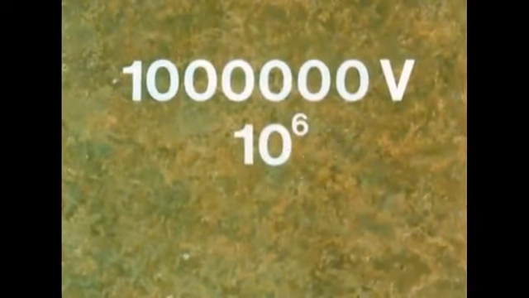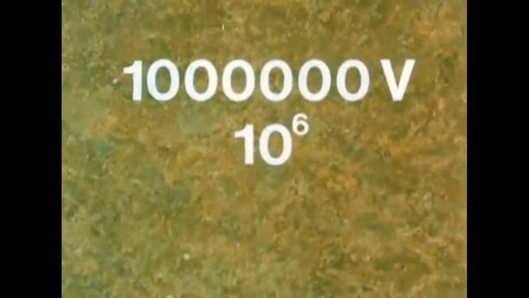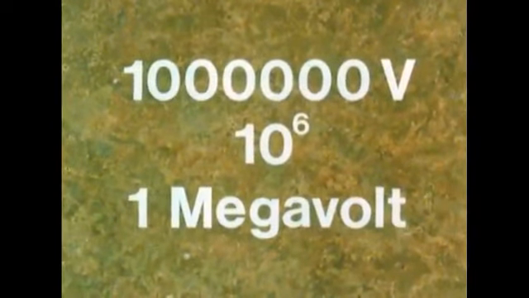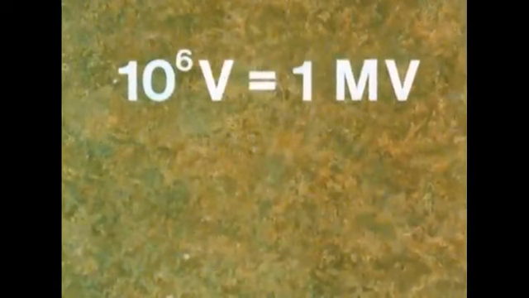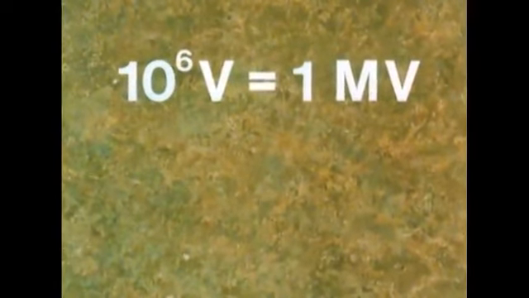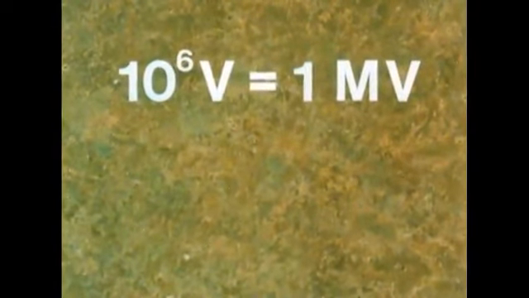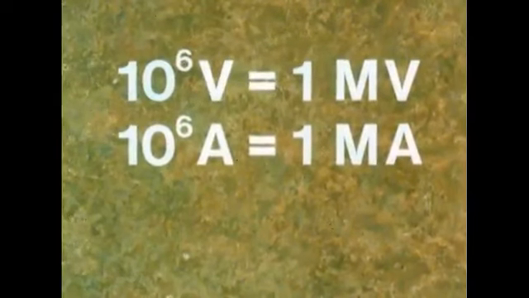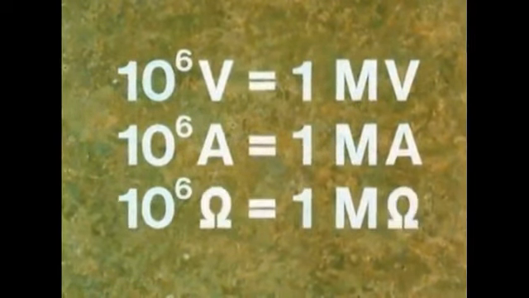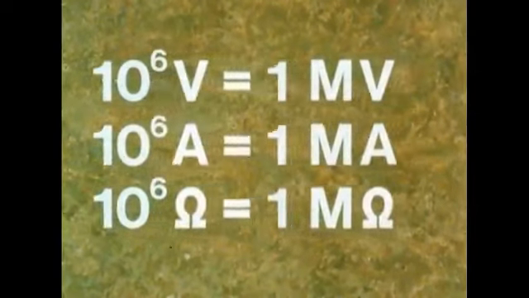To save writing 6 zeros, we often write 1,000,000 volts as 10 to the 6 volts. Alternatively, we call 1,000,000 volts 1 megavolt, or 1 MV. Similarly, 1,000,000 amps is 10 to the 6 amps, or 1 megamp. And 1,000,000 ohms is 10 to the 6 ohms, or 1 megohm.